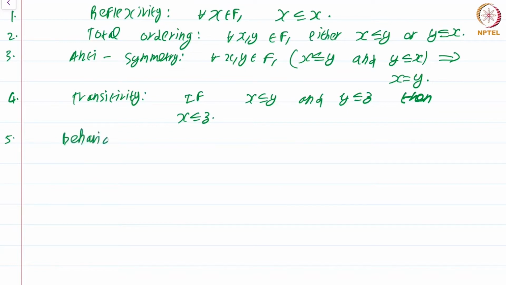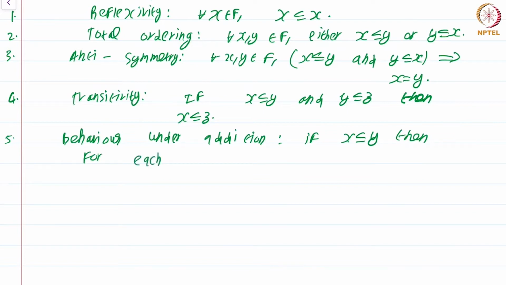Now I am going to introduce the behavior under addition and multiplication. So we have behavior under addition, which merely says that if x is less than or equal to y, then for each z in the field, x plus z is less than or equal to y plus z. Okay.